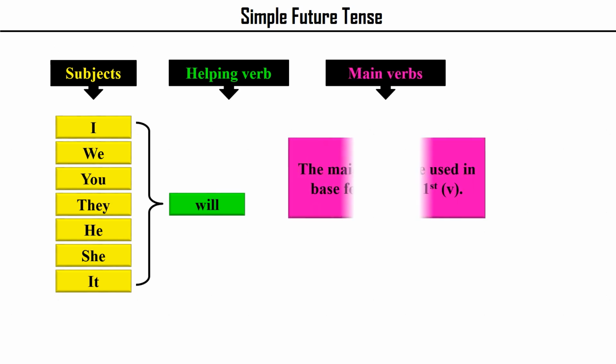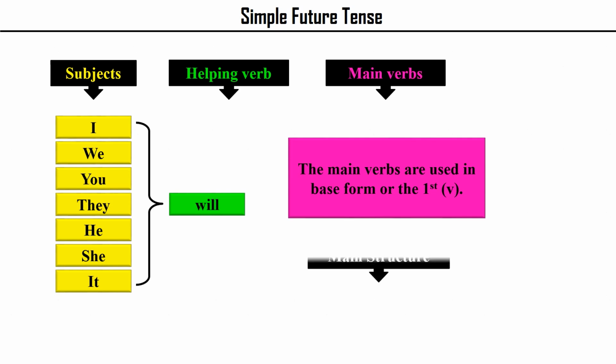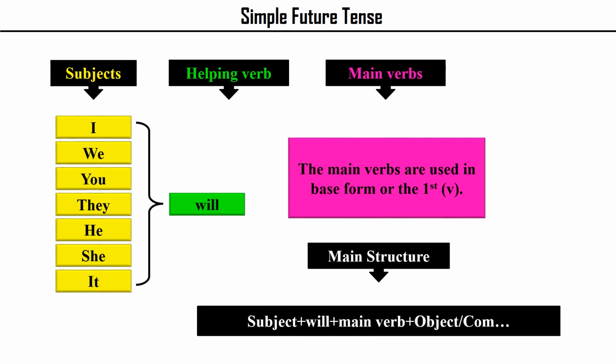Main verbs: the main verbs are used in base form, or the first form of the verb. The main structure that we use in the simple future tense is subject plus will plus main verb plus object or complement. Let's make some examples using this structure.